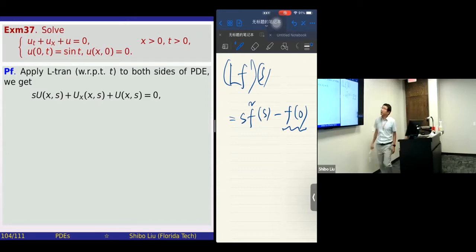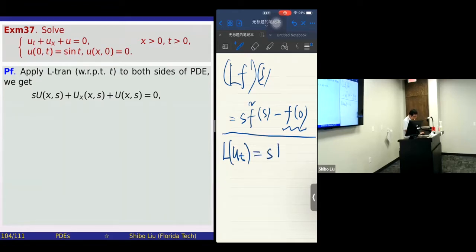Then taking the Laplace transform with respect to t, the first term u_t is what? My handwriting is really awkward. Let's write L[u_t] equals s L[u] minus u(x,0), which equals 0.